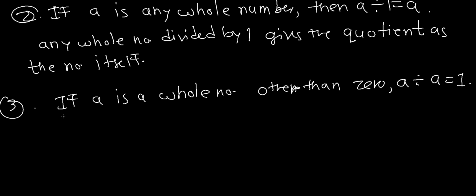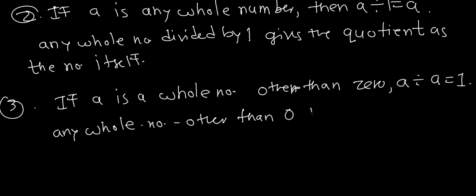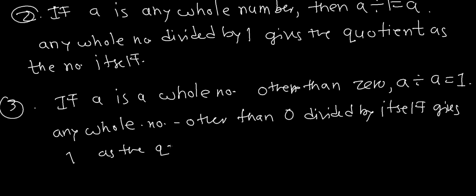In other words, any whole number other than 0 divided by itself gives 1 as the quotient. So 12 divided by 12 gives you 1.